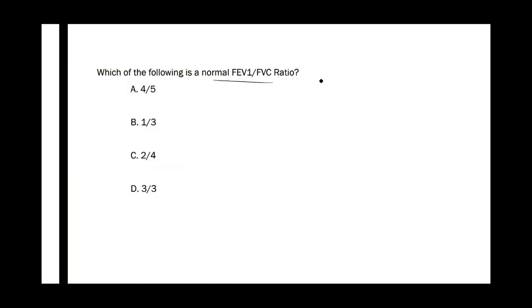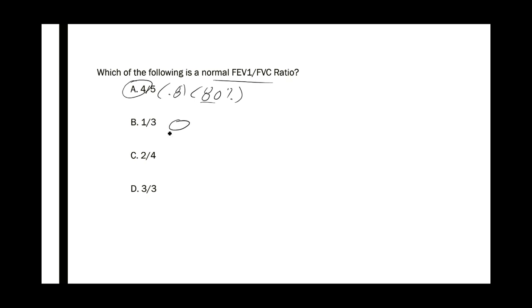Okay, which of the following is a normal FEV1 over FVC ratio? A, 4 over 5, around 0.8, and you might also see 80%. Okay, you can also see that. B, so would that be more obstructive or restrictive?